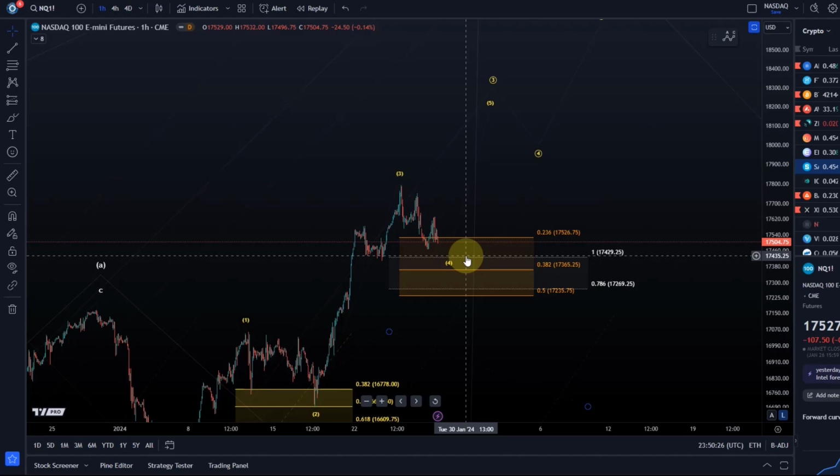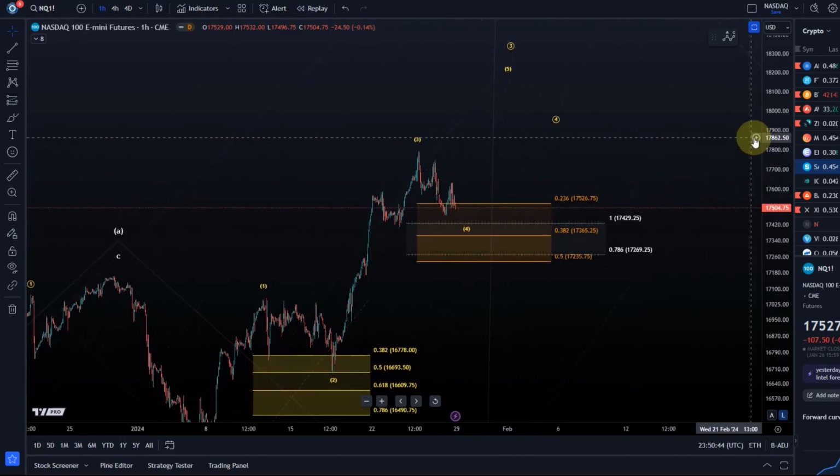Now, I can't promise you support will hold. That would be ridiculous to suggest that. But it's to understand, do we have a reliable structure? I think we have. This looks impulsive, but it's worth observing the 50% Fibonacci level, because if it breaks, it tells us that something different is going on. And then the fifth wave should take us higher once we find support.